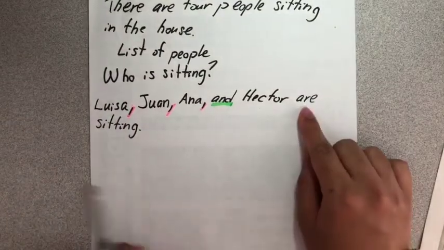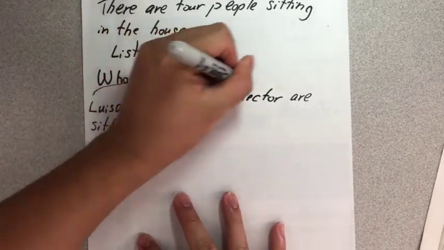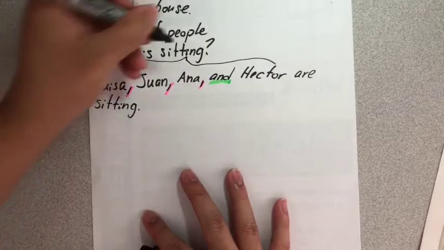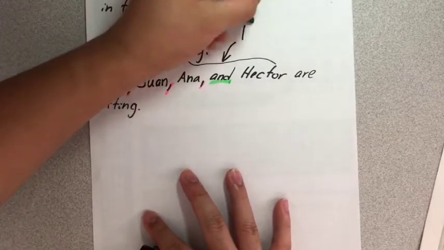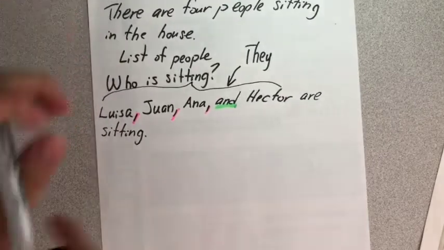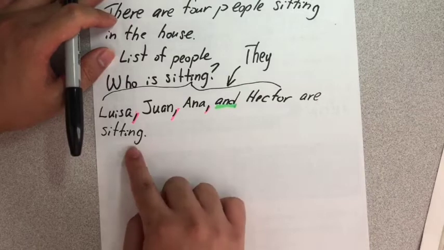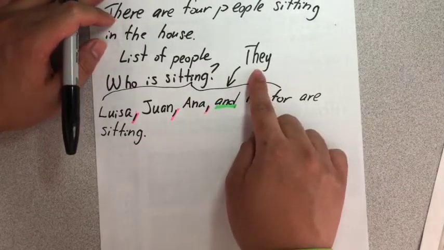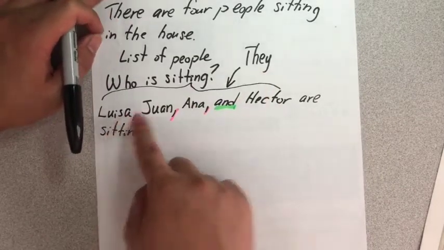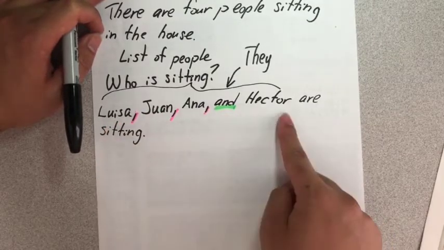We use are sitting because we have four people. With four people, we say they. So another way to say the sentence is they are sitting.